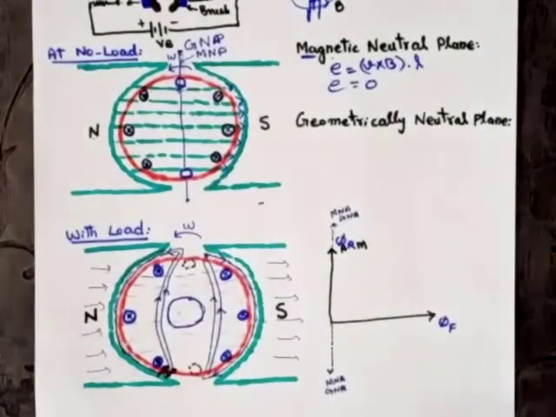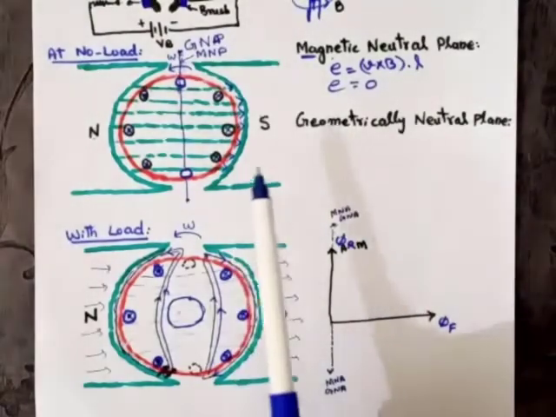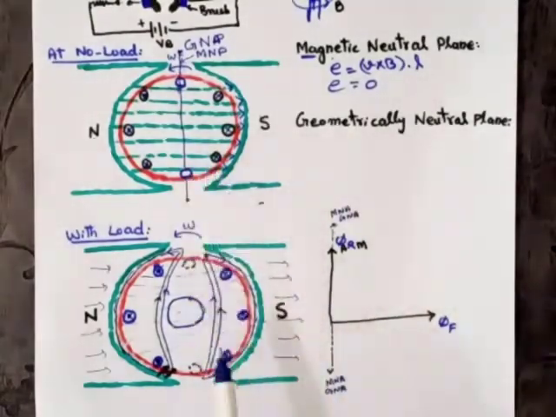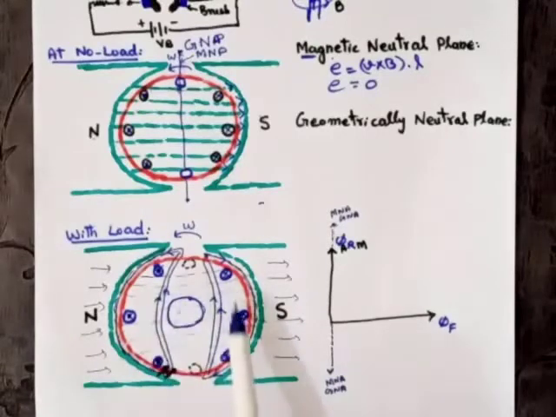So when the machine is running, two types of flux exist. One is due to the field winding and one is due to the armature winding. So the armature winding is not parallel with the field winding.